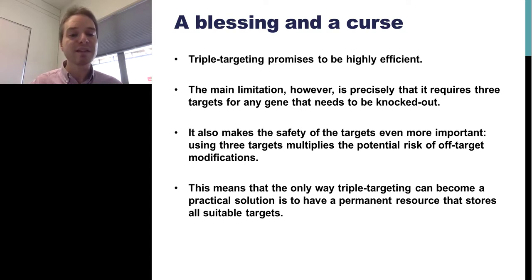And so that means that this strategy of triple targeting for knockout only becomes a practical solution if we have a way to quickly detect, quickly identify good targets, and ideally save them once we've detected them for the whole genome, so that anytime we want to target a new gene, we very quickly have access to good targets. And so that's where we got the motivation to design an automated method to do that.